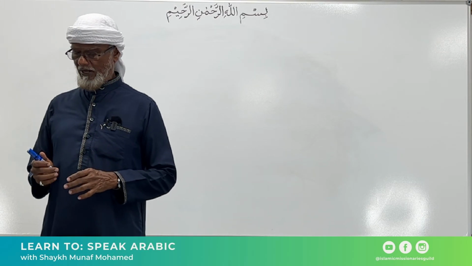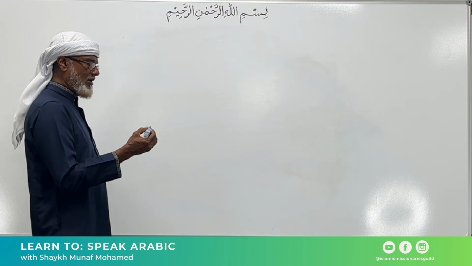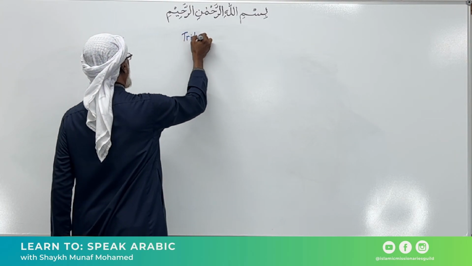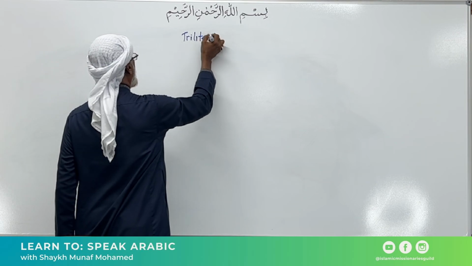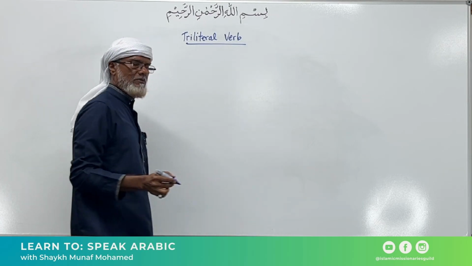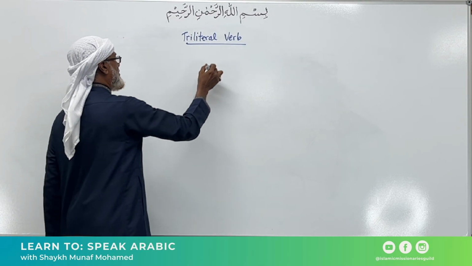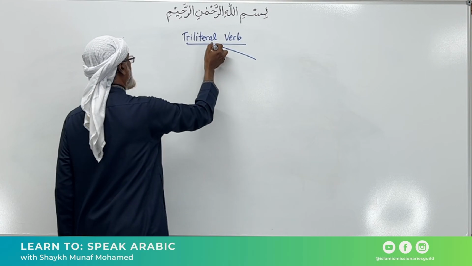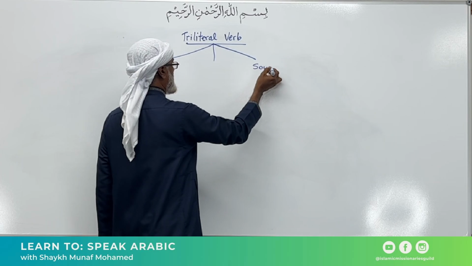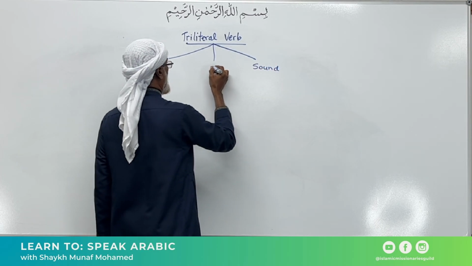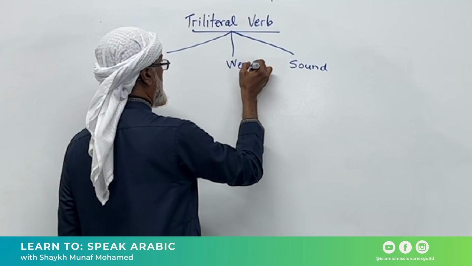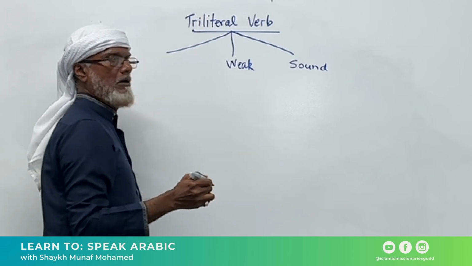They're only three letters. So if you look at the trilateral verb, it could be categorized into different categories, all right? So you could say some of them are sound, and then you have some of them are weak, all right?